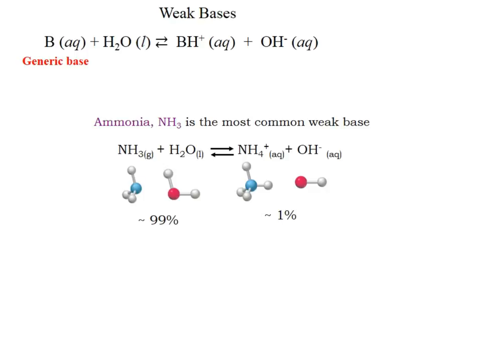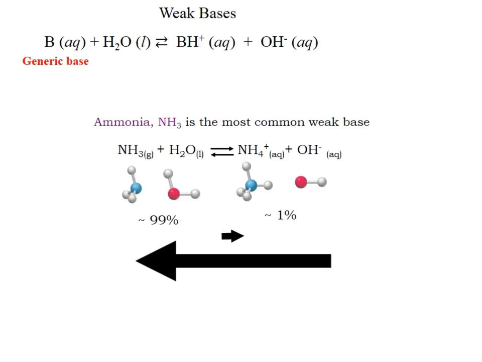Ammonia lies far to the left. It has a Kb of about 1.8 times 10 to the minus 5. Essentially it's about 1% dissociated, 1% ionized, and 99% would stay on the left-hand side.